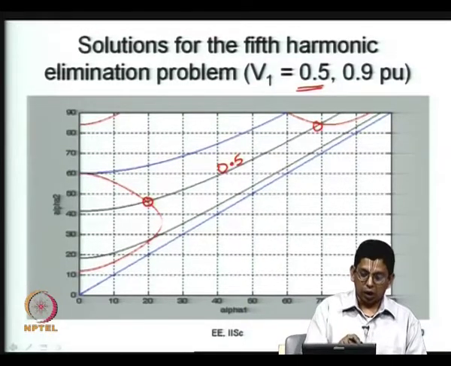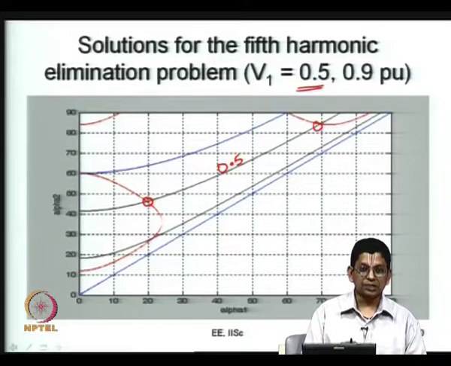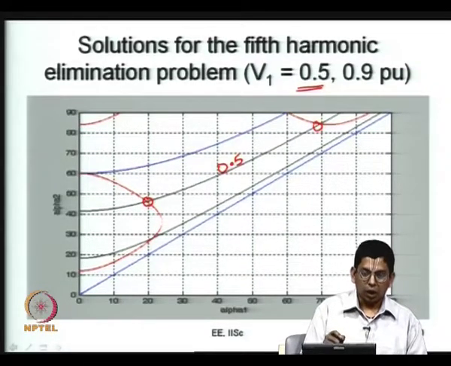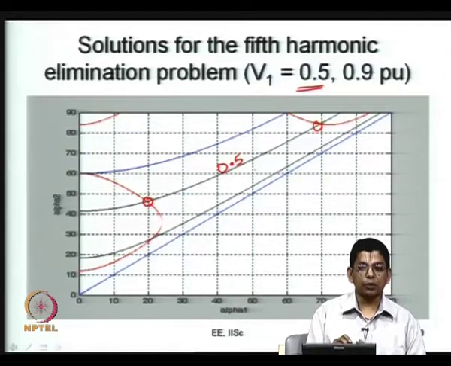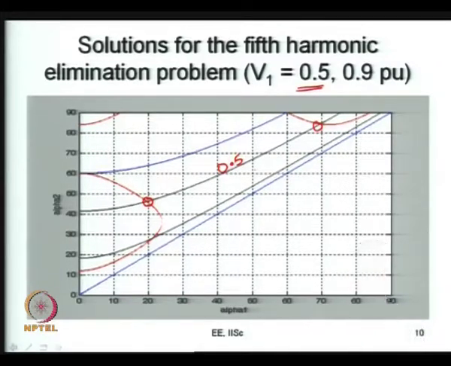So, along the line I can choose any point firstly to achieve the necessary fundamental voltage of 50%, that is 50% of the square wave, right. Now, along this I have two different points, at these 2 points I am guaranteed to have fifth harmonic to be 0. We do not know what is the seventh harmonic, we do not know what would be the 11th harmonic, we do not know what would be the 13th harmonic, we do not know what would be the overall things now.